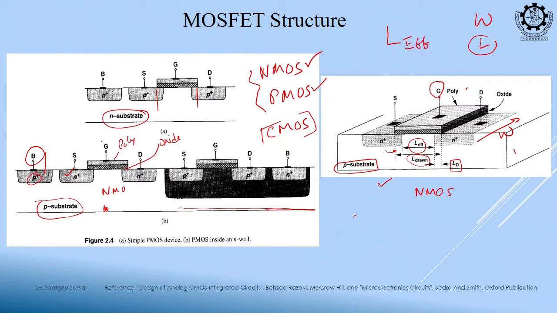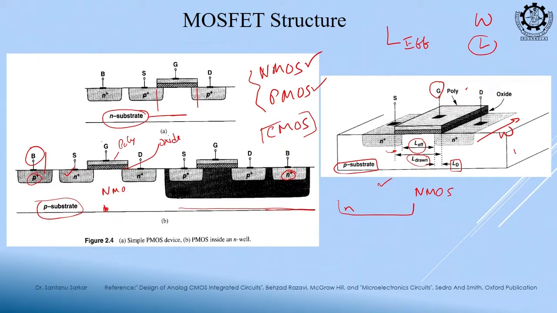Now, on this substrate we build a well of N. So, this N will now behave like the substrate. On this N we will dope P type source and P type drain. And what is our bulk here now? This is N. Previously for NMOS the bulk was P. So, for PMOS the bulk will be inverted, N.